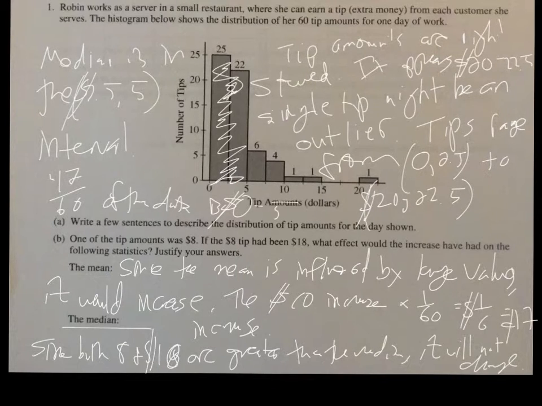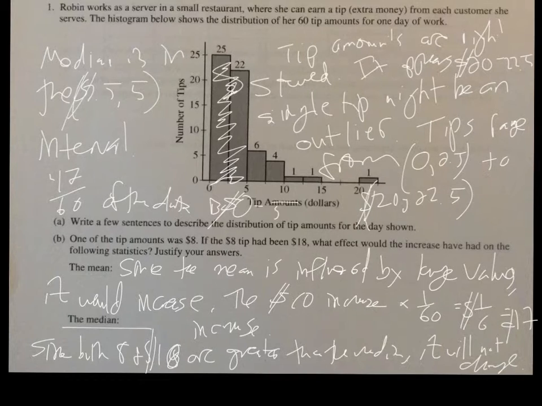For B, the essential components are, we say that the mean will be increased. That's big. I correctly justify why the mean increases. I say that the median will not change, and I say why the median will not change. There's also a special word that we use for the mean and the median.